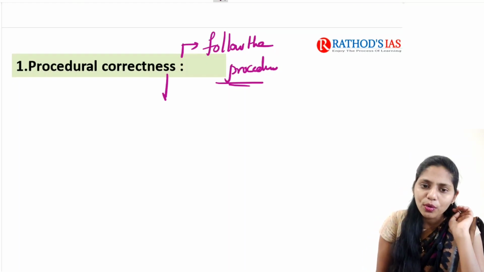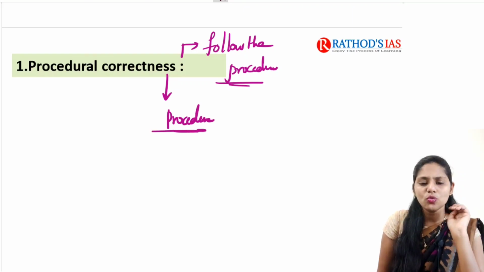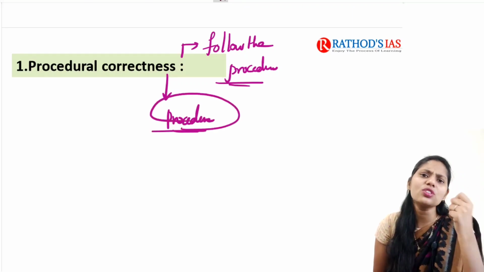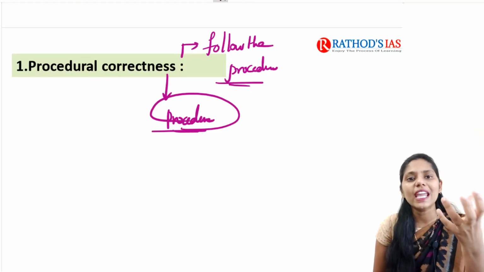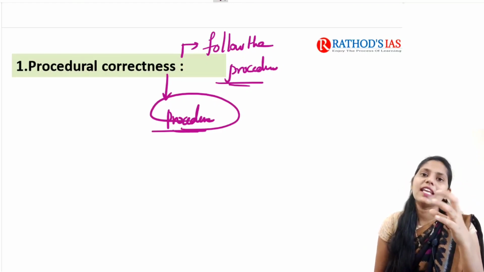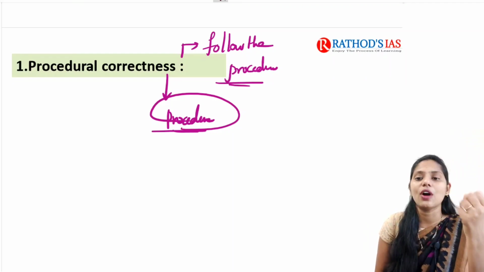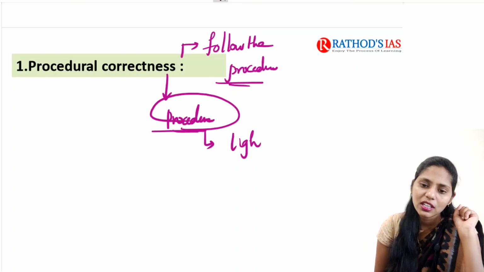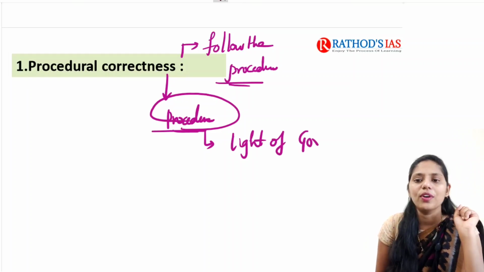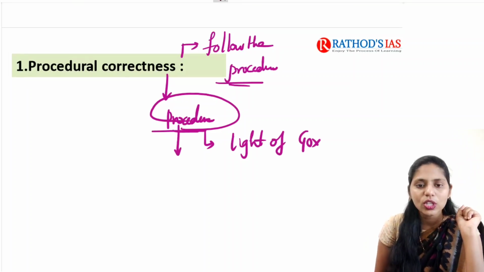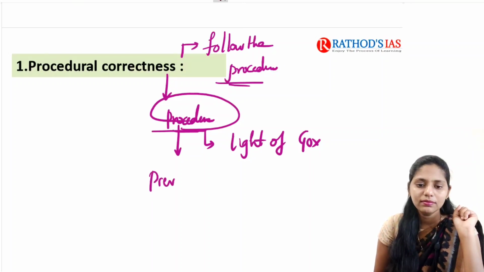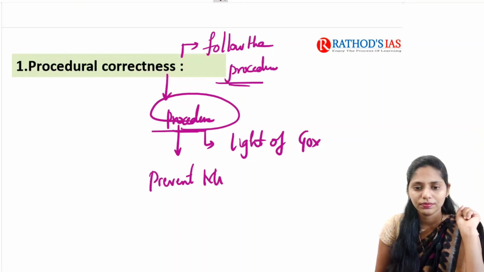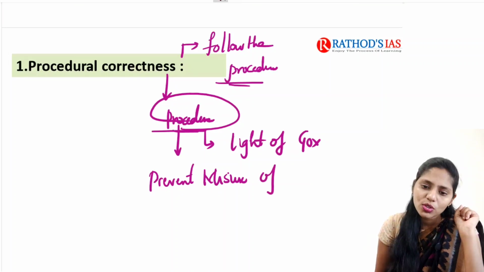So whatever procedure is laid down, why do we need to follow this? What are the functions of this procedure? Why did the government come up with this procedure? Yes, it mainly serves some functions. For example, it is the guiding light of governance, and it is also helpful to prevent misuse of public resources.